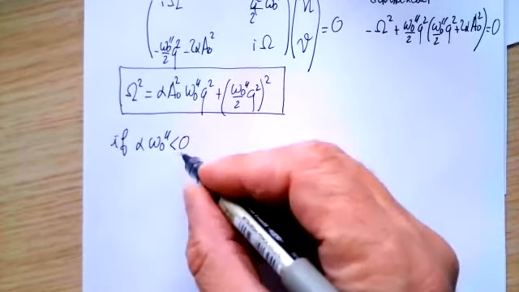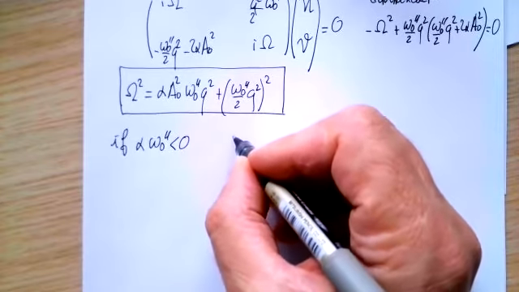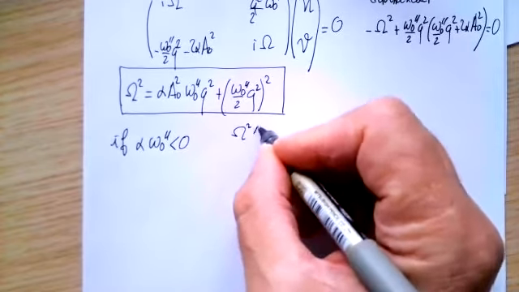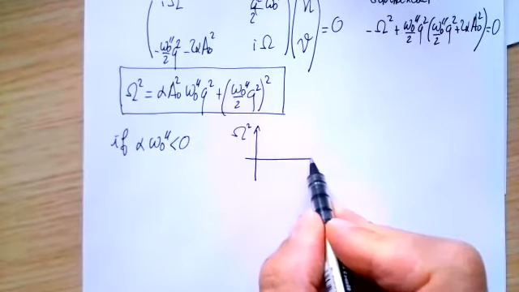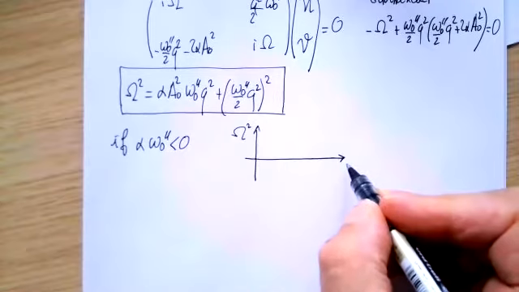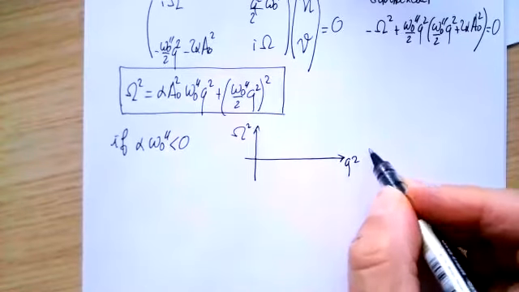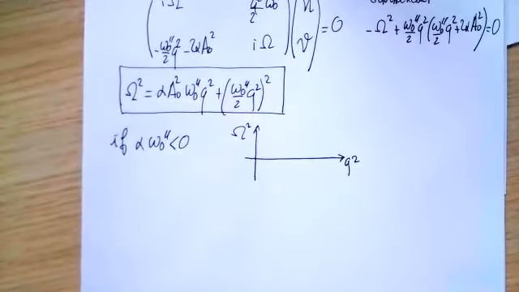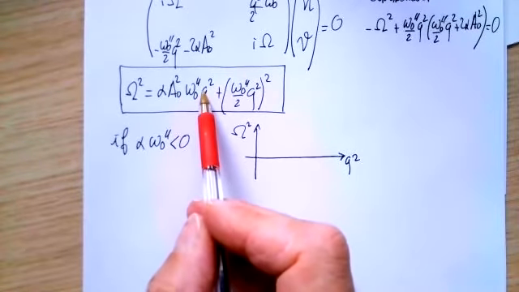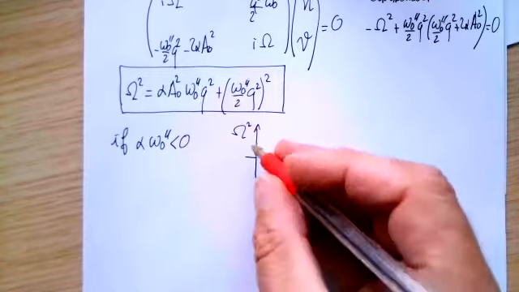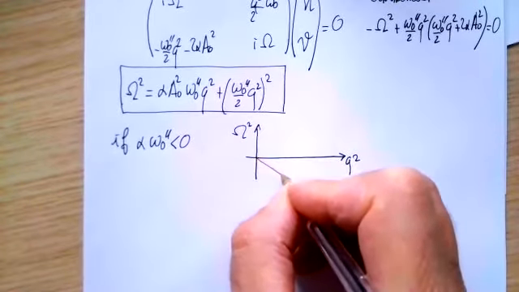But if you do that and you plot, say, omega square plotted as a function of, let's say for simplicity, q square. So it's easy. This contribution here is dominant at small q square, and it's a linear contribution with a negative slope, something like that.